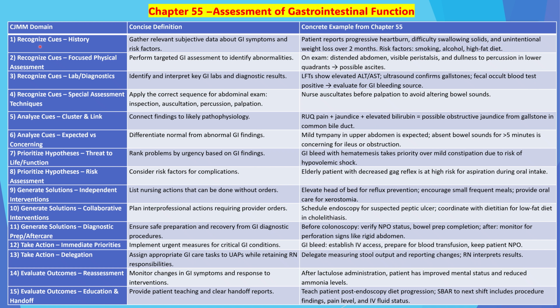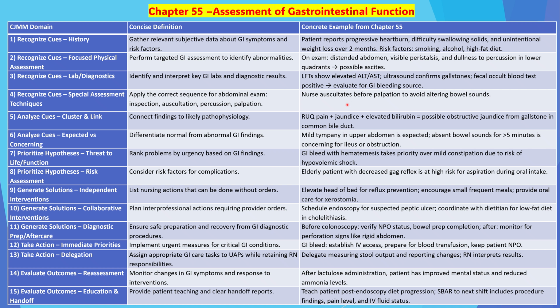Here we have something about history. When you take a history, recognize cues, focused physical assessment, recognizing cues, lab diagnostics, general solution. So these are examples, these are definitions, and a concrete example from our chapter 55.